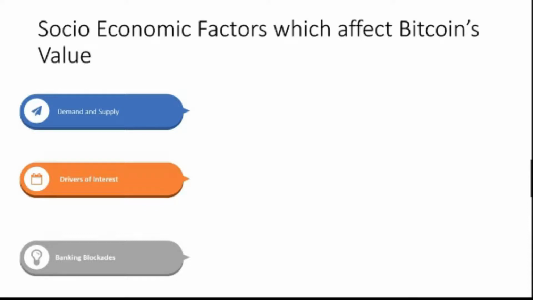Fiat currency crisis. As discussed, a Bitcoin wallet can be a lot safer than a bank account. Cypriots learned this the hard way when their savings were confiscated in early 2013. This event was reported as causing a price surge as savers rethought the relative risks of banks versus Bitcoin.